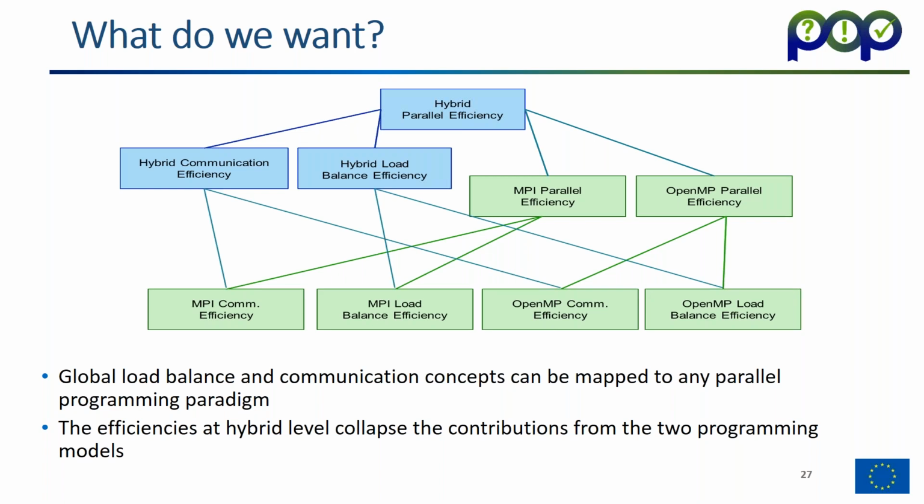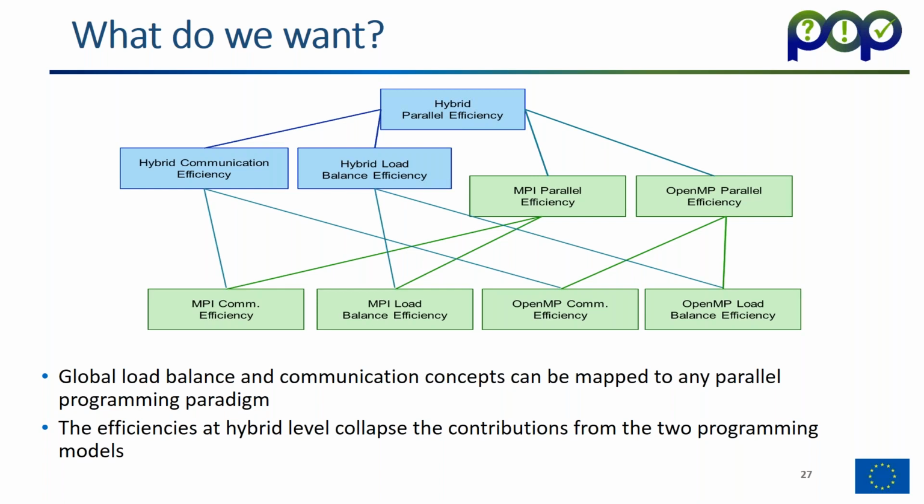So if we focus on the top and bottom levels of this graph, basically our approach with the multiplicative model is to split the power efficiency over the two main axes of this execution: the fundamental factors that are load balance and communication, and the programming paradigms that are in this case MPI and OpenMP.